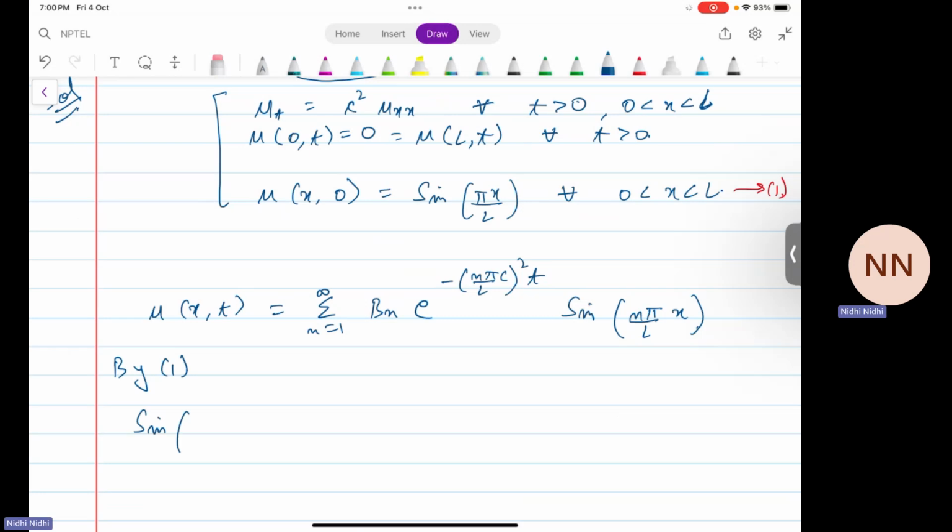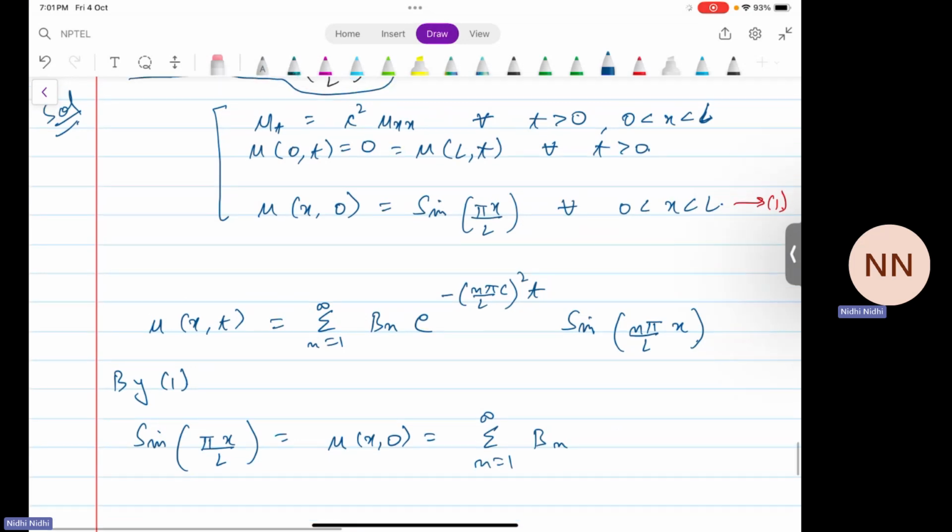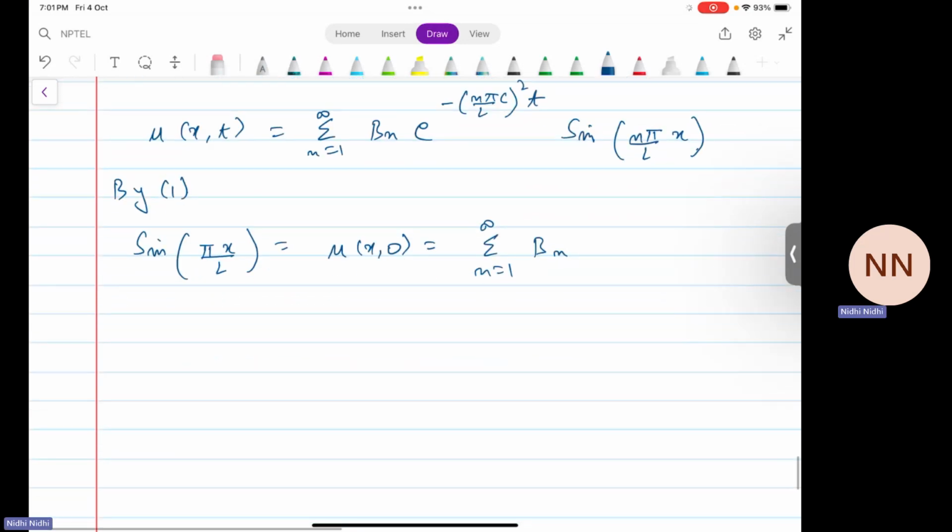sine pi x by l is equal to u(x,0), which is equal to, putting t equals 0, we know that e to the power 0 is 1. We have this equal to summation n from 1 to infinity bn times sine n pi by l x.